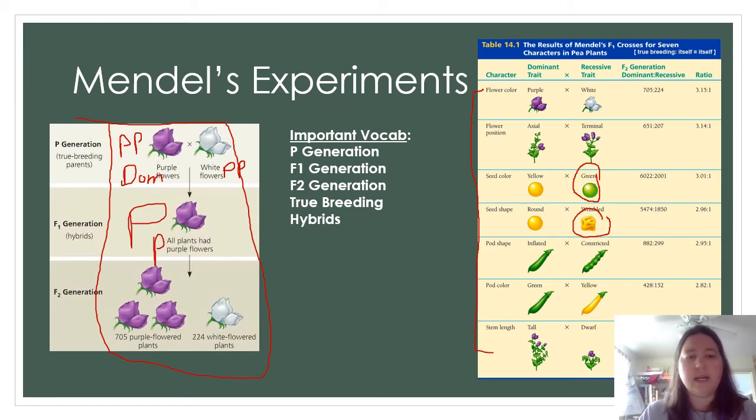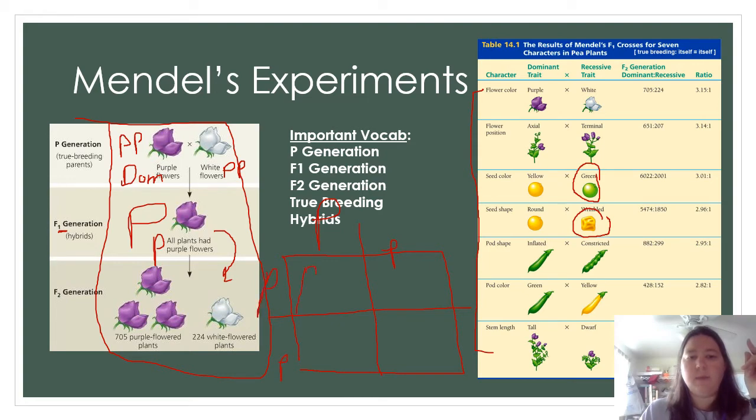Then Mendel allowed the peas of this generation to have offspring, and he ended up with roughly 75% purple flowers and 25% white flowers. If we did the Punnett square for the F1 generation to become the F2 generation, they're both hybrids.